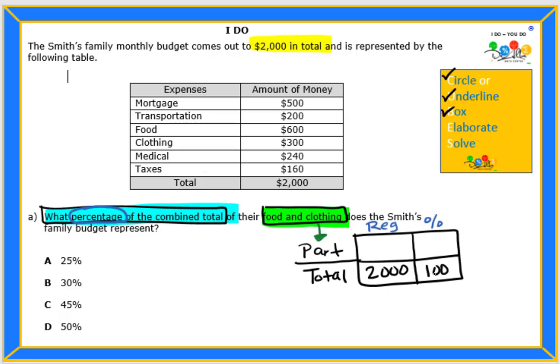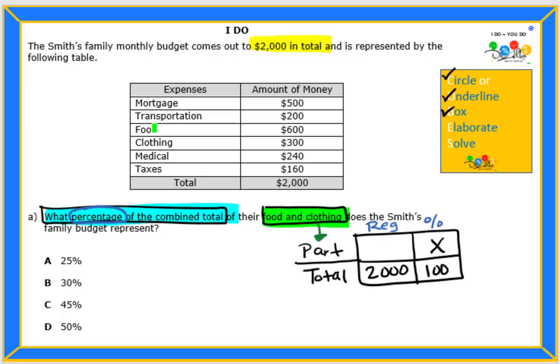Now, in our question, they're asking what percentage. So we need an answer that is a percent. So right here in percent, that's the part that we're looking for. The part of food and clothing, but in percent. So where are we going to get the number for food and clothing in a regular number that's money? Exactly, from our table.